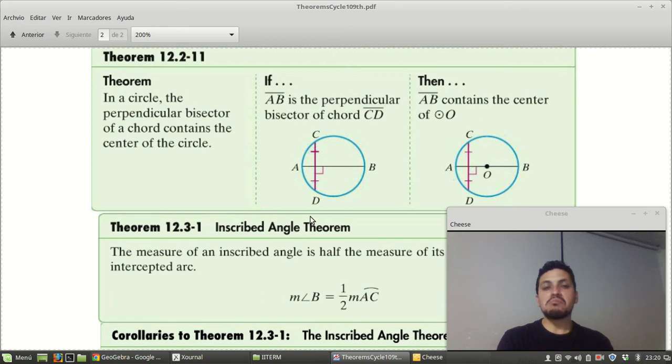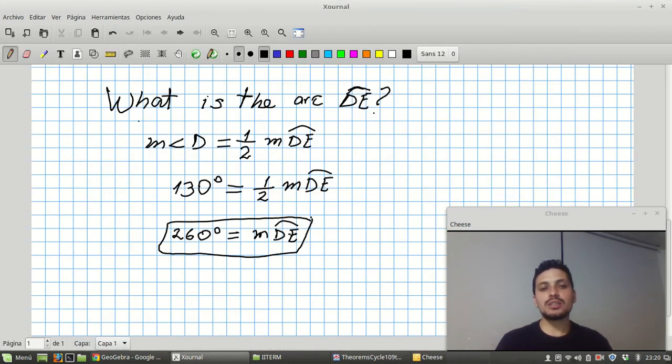Have your list of theorems by topics. For example, we have this topic that is chords and arcs, and you can have another list of theorems about circles, another about triangles, and it doesn't matter. You just need to check what is the best option for you. In this case, it was circles and arcs, but it could be anything.